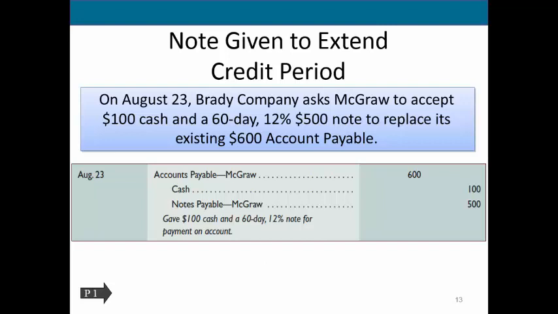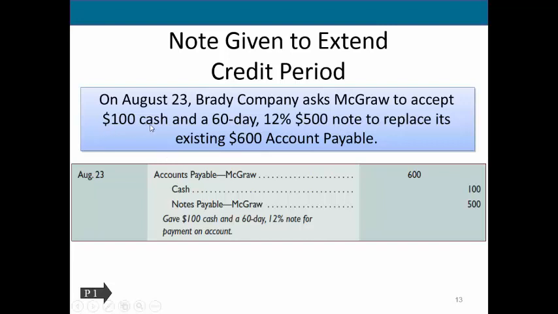So let's look here. What's going on is they have an account payable. They are supposed to make this payment, but for some reason they're not able to do that. So instead of accepting the full $600, they're asking if we would accept the following.